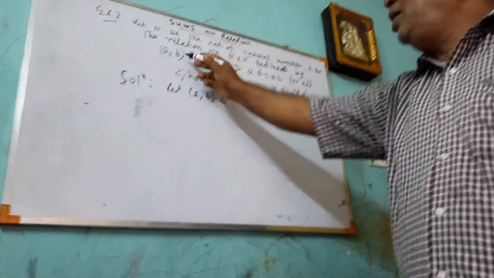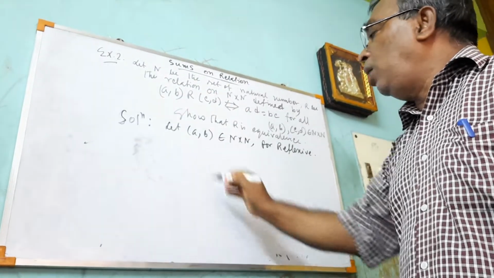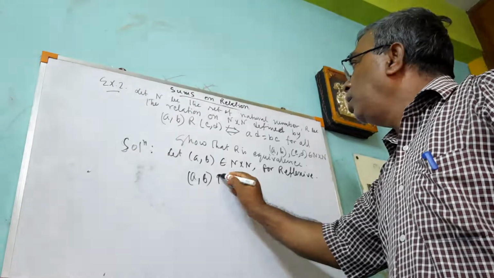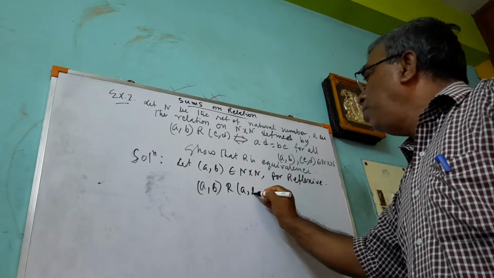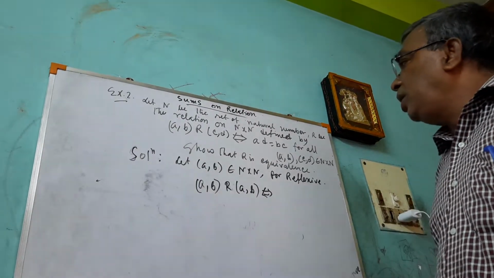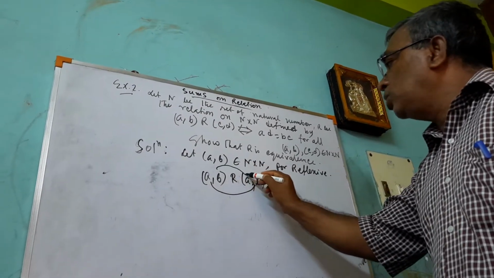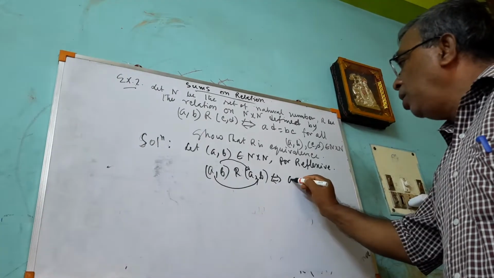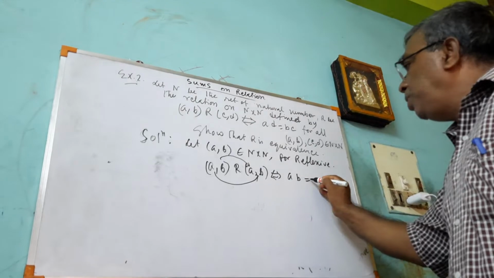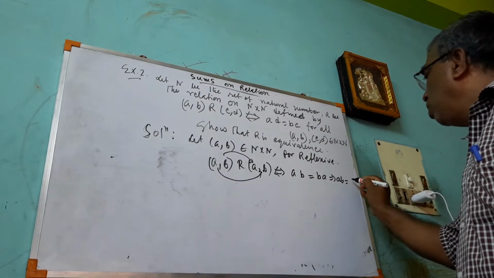Now let's see what the relation is. (a,b) R (c,d) means this into this equal to this into this. Now (a,b) with (a,b), for reflexive. What is the relation? This into this equal to this into this. Try to understand. So this into this, that is AB, this into this again AB. So AB equal to BA. This implies AB equal to AB.